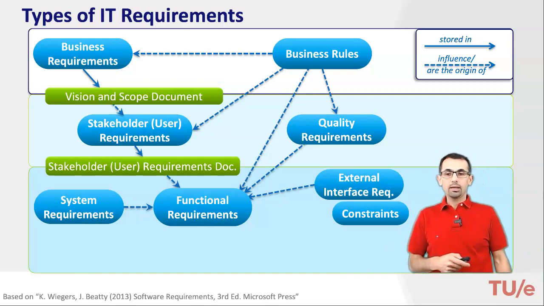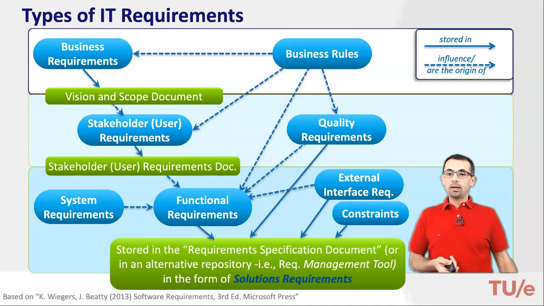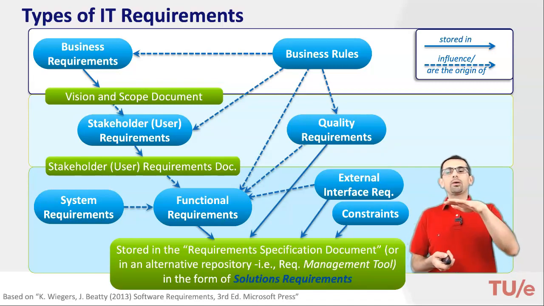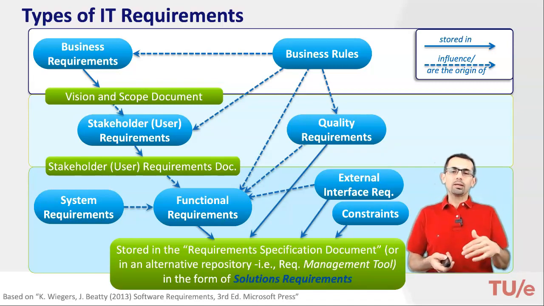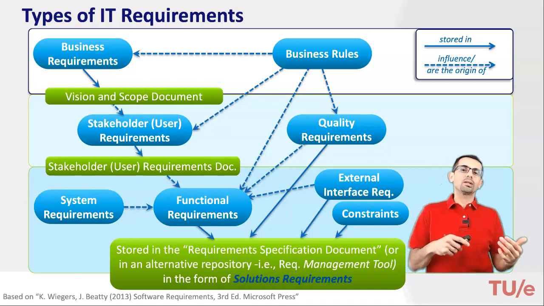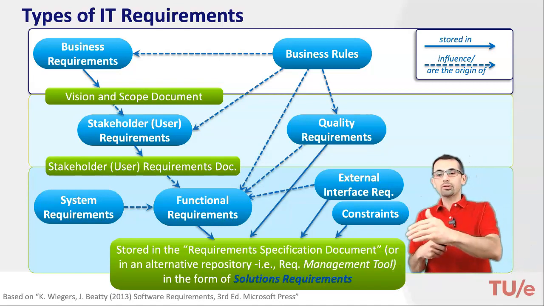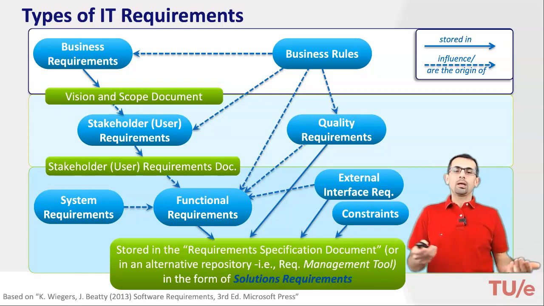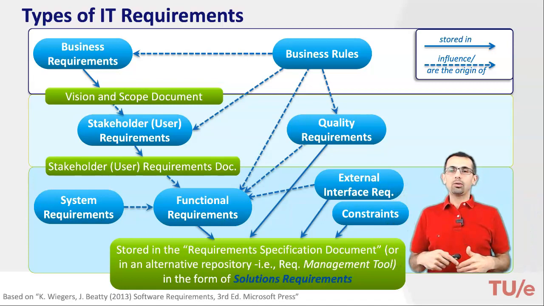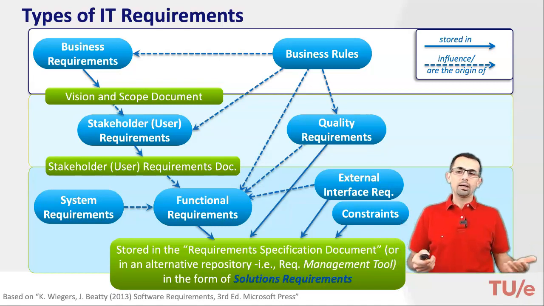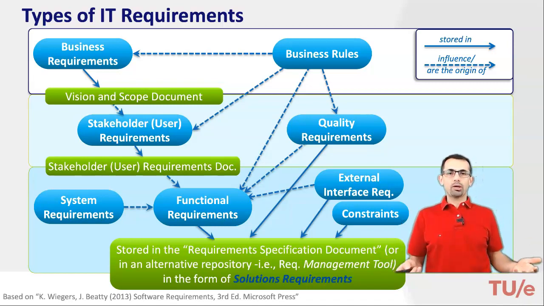Constraints. All these functional requirements, some quality requirements, external interface requirements that are not directly translated into functional requirements, and constraints go into what we call the requirement specification document, or a requirements management tool, in the form of solution requirements.